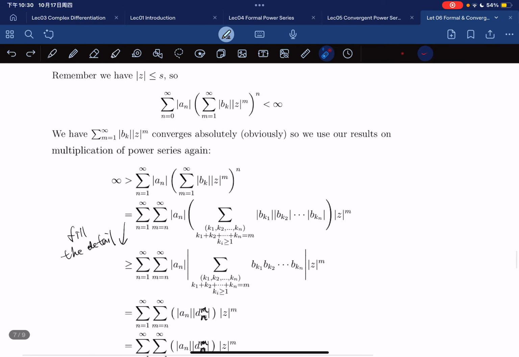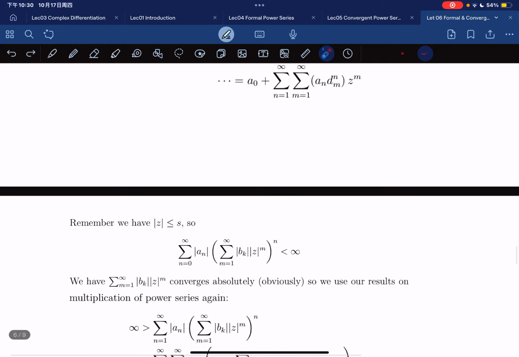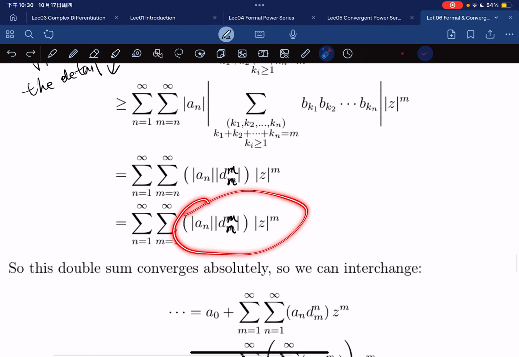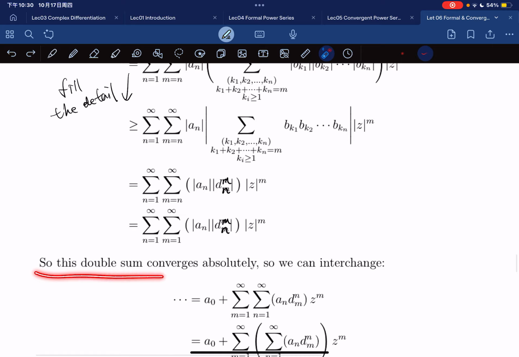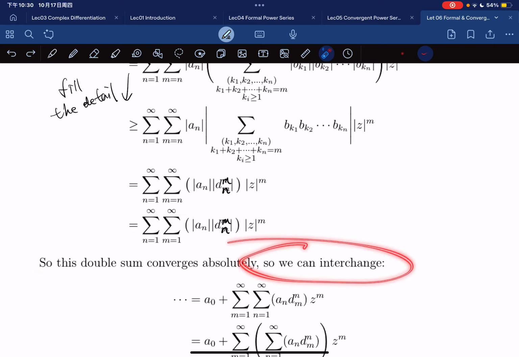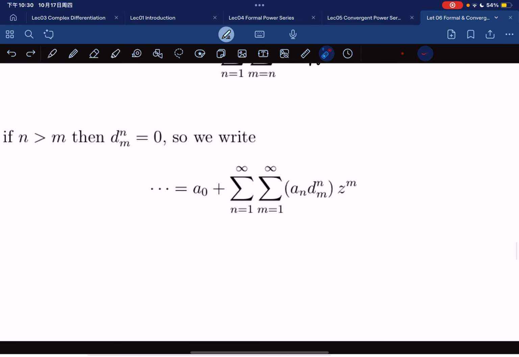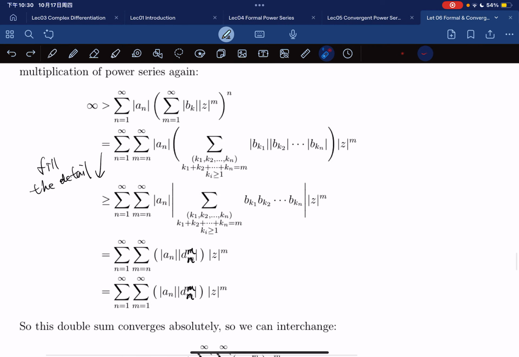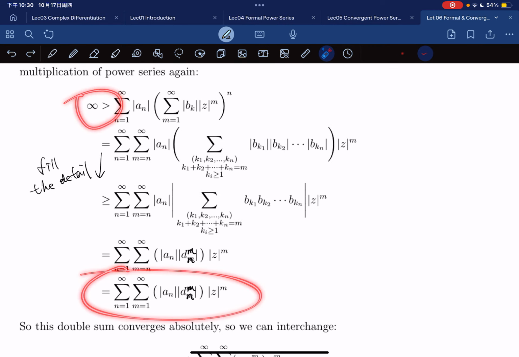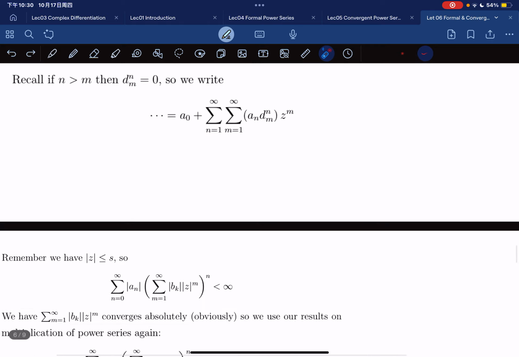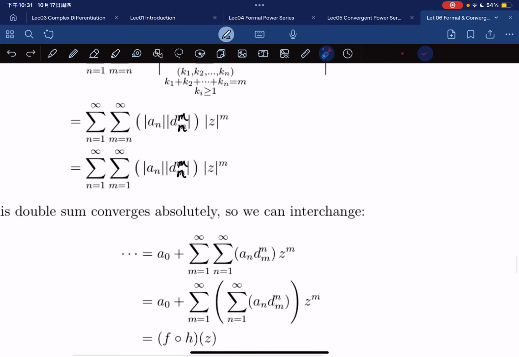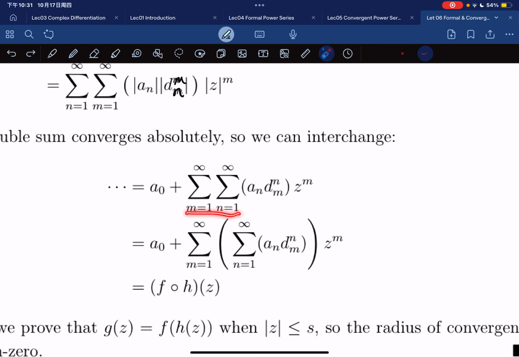Which means that this double sum converges absolutely, so we can interchange, right? So this thing here already converges absolutely, right? We showed this, infinity greater than this, right? So we can interchange this. So we can change this to m, this to n, this to m, this to n.